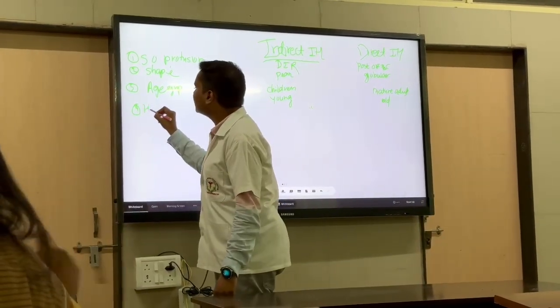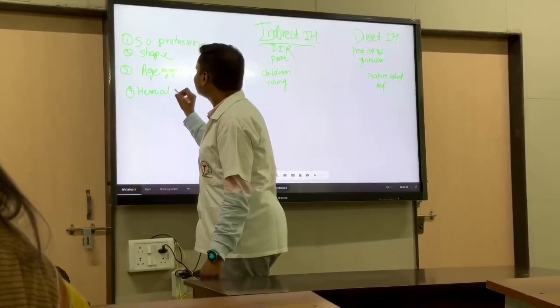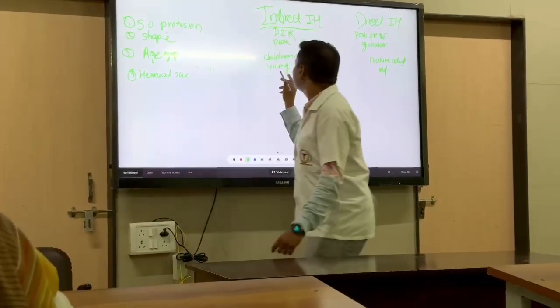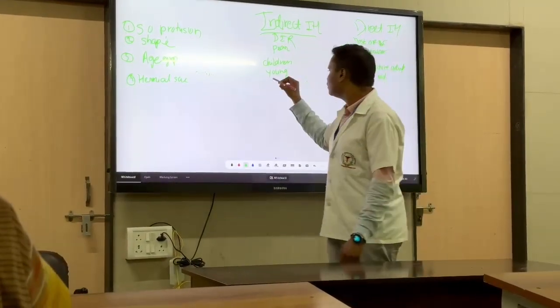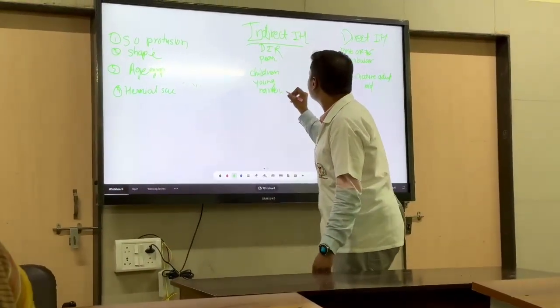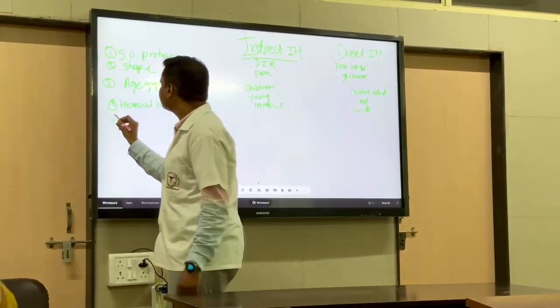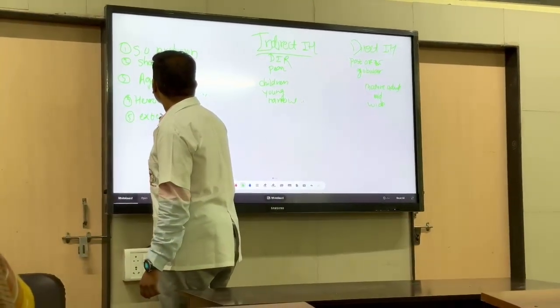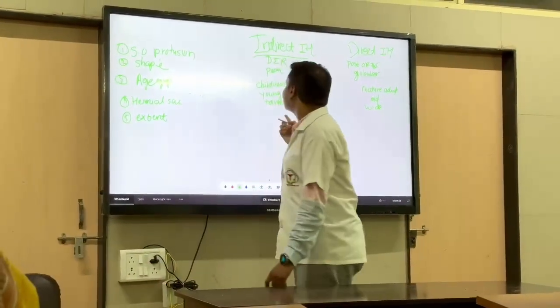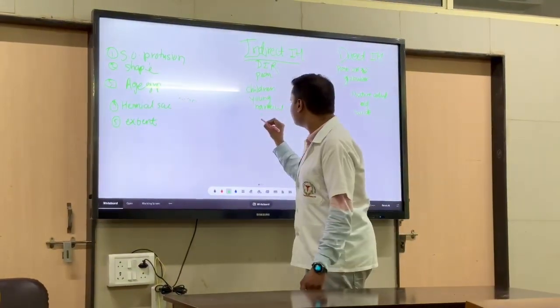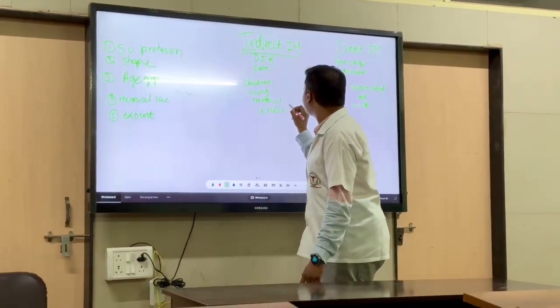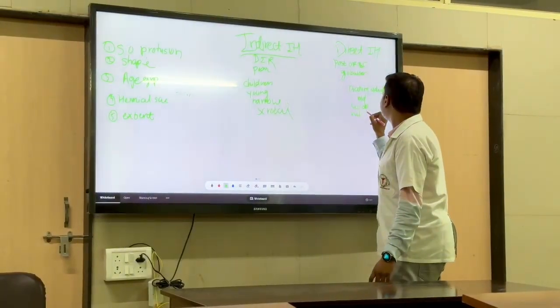Fourth is the nature of the hernial sac. Here it is narrow and here it is wide. Coming to the extent, the indirect inguinal hernia is scrotal and the direct is not scrotal.